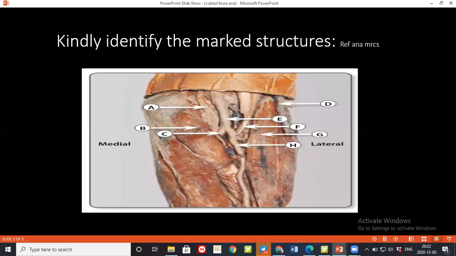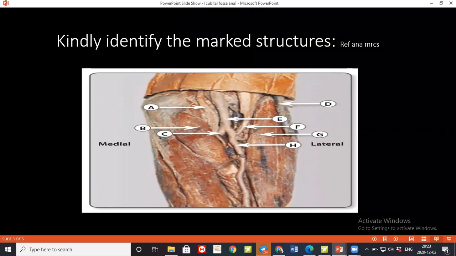I think it originates from the lateral aspect of the distal part of the humerus, from the lateral supracondylar ridge of the humerus. It inserts on the radius, at the base of the styloid process of the radius. What is the action? It helps in flexion of the elbow, flexion and semi-pronation of the forearm.